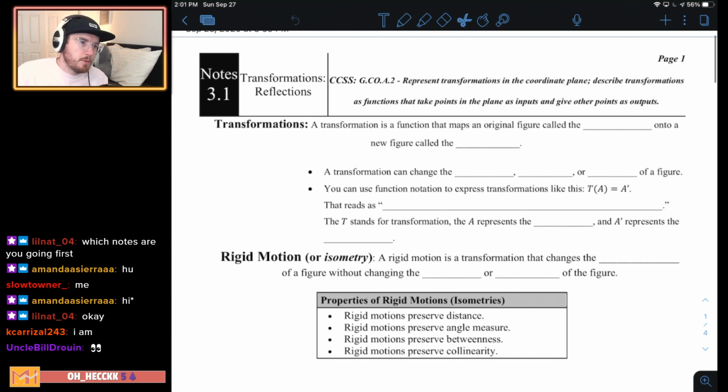So this time we're doing 3.1 for real. Last time I started the 3.1 notes, and I think it was Carazal who said, hey, aren't we supposed to be doing 2.3? Maybe not.